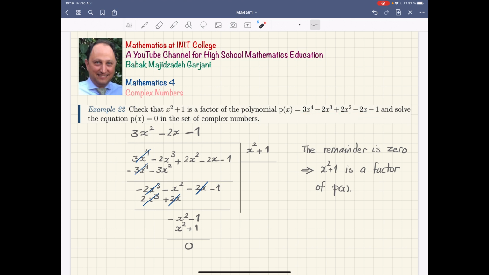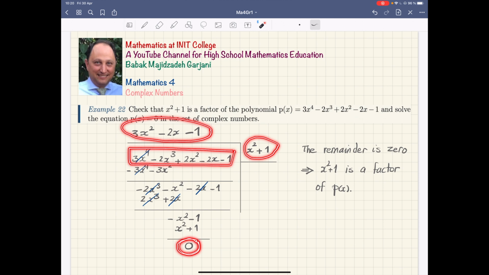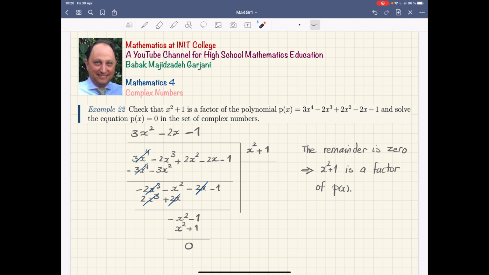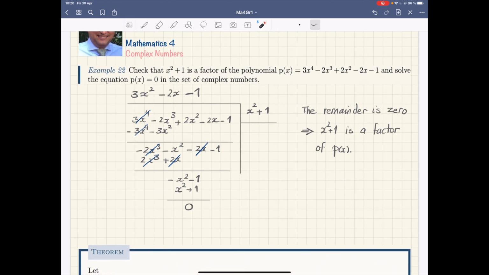But now that I have an extra piece of information regarding my polynomial, I divide it and get the remainder 0. Then I can say my polynomial is equal to the divisor multiplied by the quotient plus the remainder. Because the remainder is 0, this gives rise to the factoring of my polynomial.